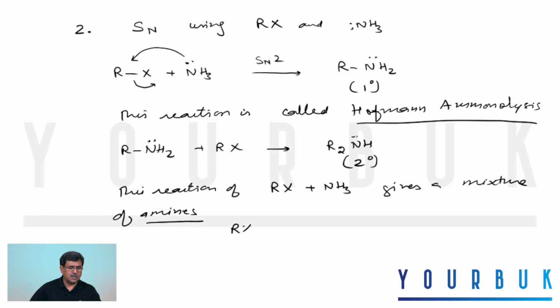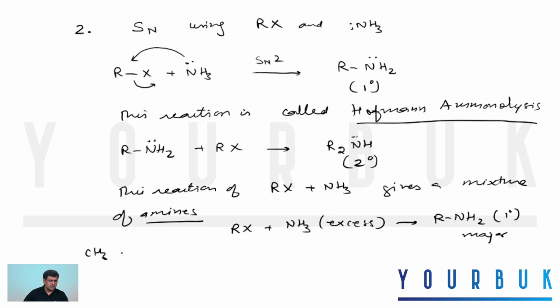And if we are using alkyl halide with ammonia in excess, then it gives primary amine as a major product, but it does not mean that other amines are not formed. Other amines are also formed. For example, if we are using CH3Br with ammonia in excess, it gives methylamine as a major product.